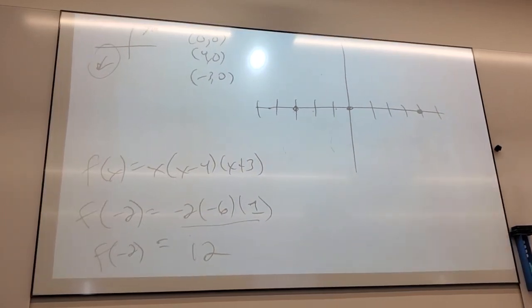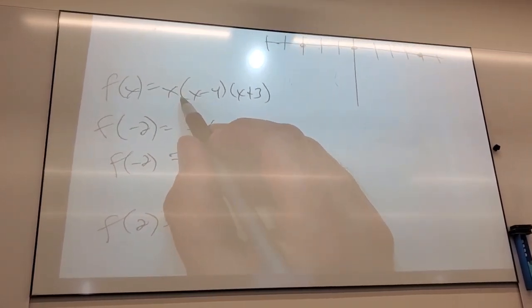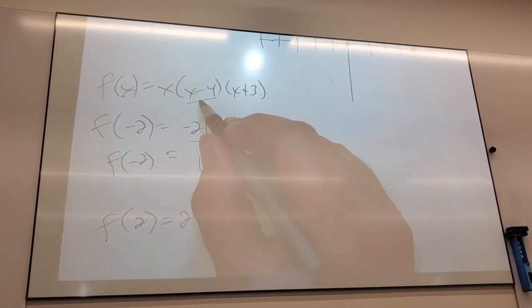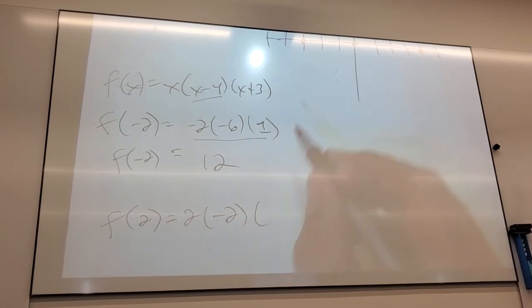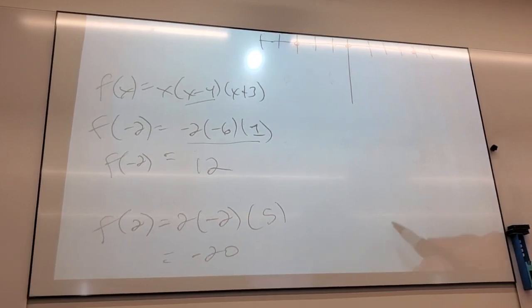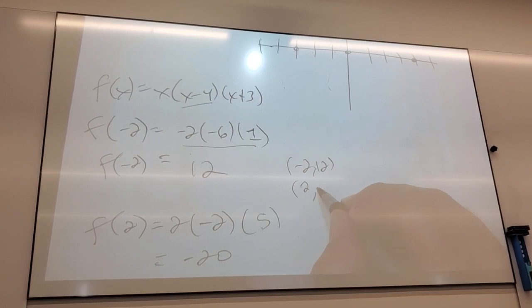If I plug in 2, I get negative 20. So now we know it goes through (-2, 12) and (2, -20).